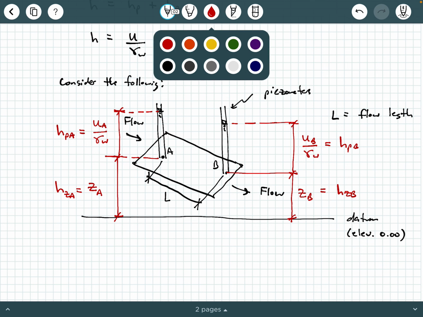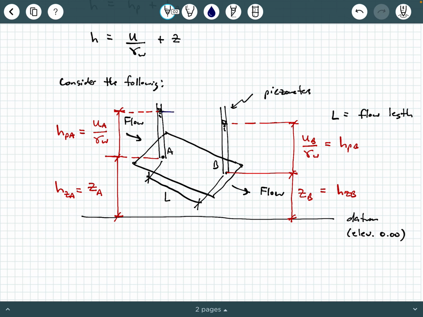Now, what about this difference in elevation right here, or this difference in head right here? This difference is the change in head.